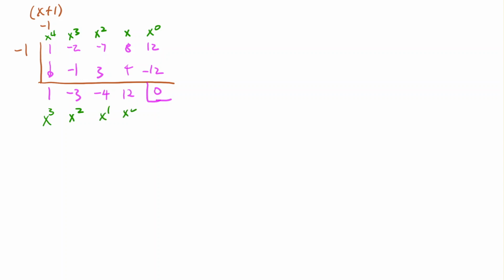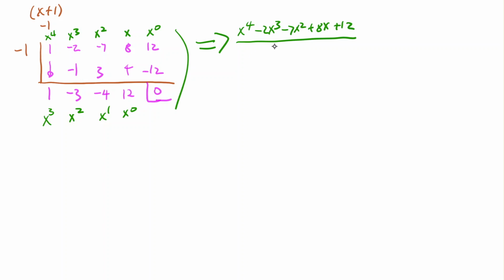So now what this tells us is that when I divide the original equation, x to the fourth minus 2x cubed and so on, by x plus 1, the quotient is this right here: x cubed minus 3x squared minus 4x plus 12.